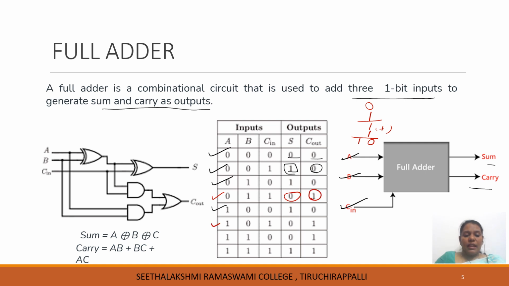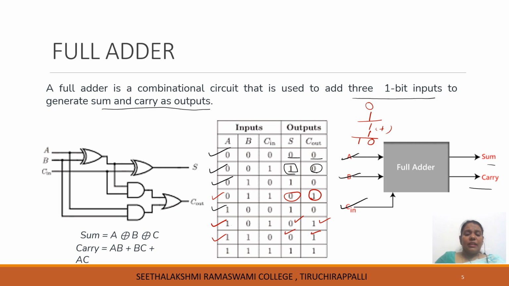This is the case where A is 1, B is 0 and C is again 1. So we will get a sum equal to 0 and a carry equal to 1. The case is the same for A equal to 1, B equal to 1 and C equal to 0, where when you add A and B, you get a carry of 1 and a sum of 0.